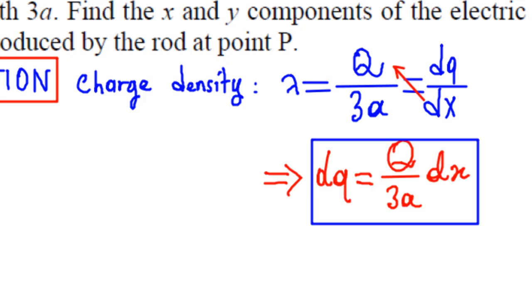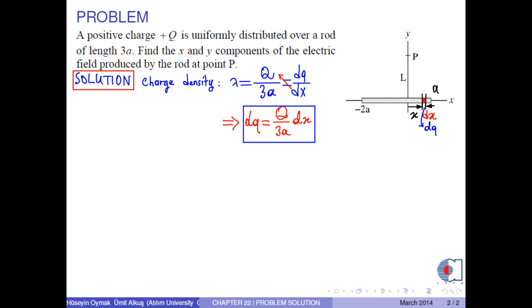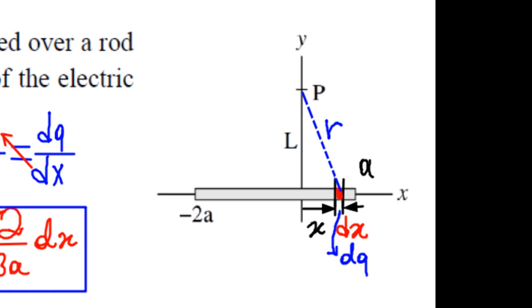From this, we obtain a formula for dq as capital Q over 3a dx. The point P is a distance r equals square root of L squared plus x squared to the dq.